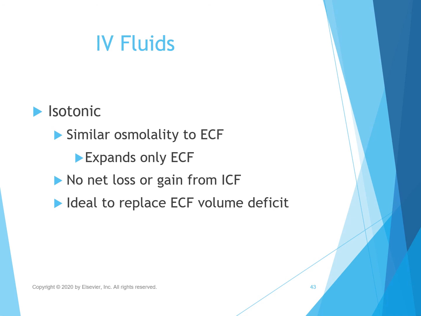However, LR does contain sodium, potassium, chloride, calcium, and lactate. So you would have to consider those if you were giving them to a patient and didn't want to alter those levels. Lactated ringers contain sodium, potassium, chloride, calcium, and lactate, whereas normal saline is just normal saline, and they are both considered your isotonic fluids.